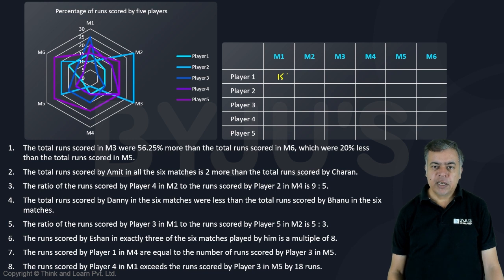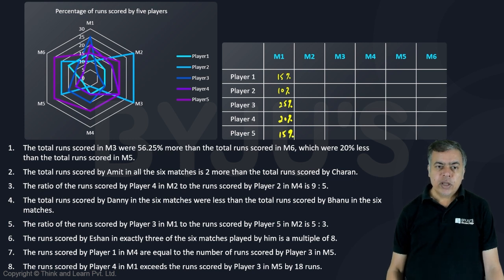These are the percentage scores, so 15% of the total of M1 score. M2 is 10%. M3 is 25%. M4, not M1, M2, this is player 4. Player 4 is 20%. And player 5 is again 15%.